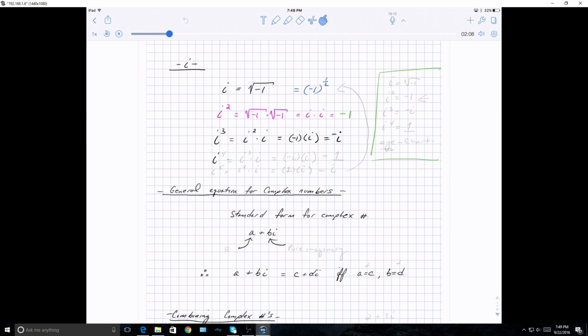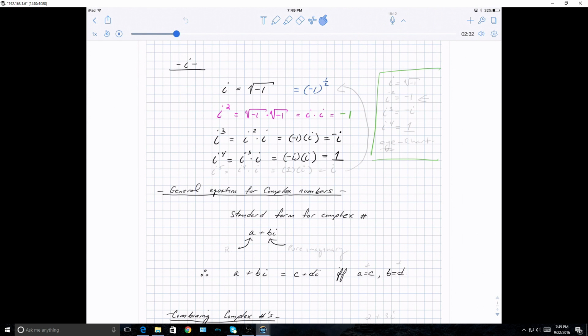And i to the 4th, well, that's just i cubed times i. So that's just negative i times i. And we already know what i times i is, that's i squared, so this looks like it's going to be a +1.